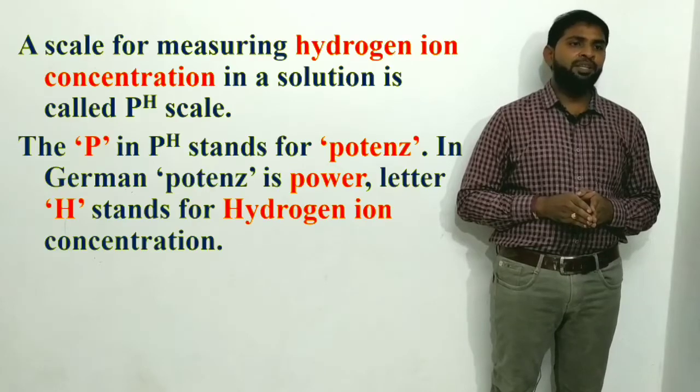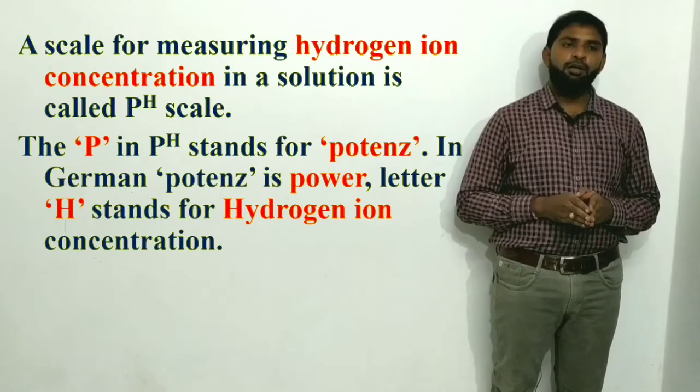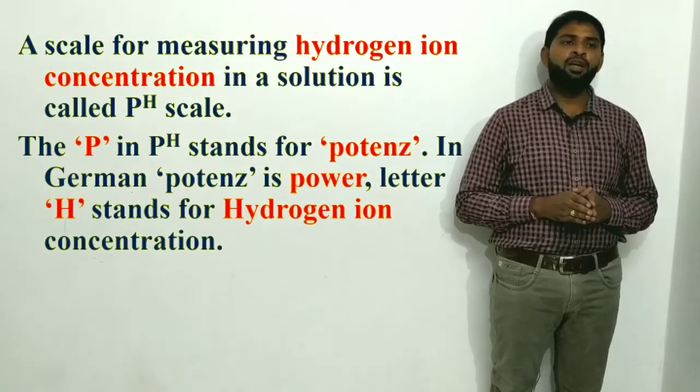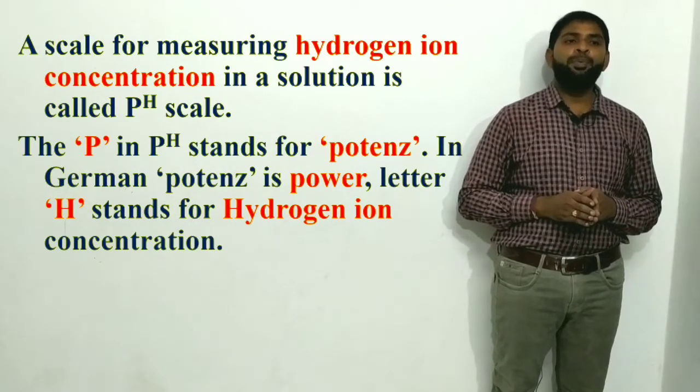A scale for measuring hydrogen ion concentration in a solution is called pH scale.